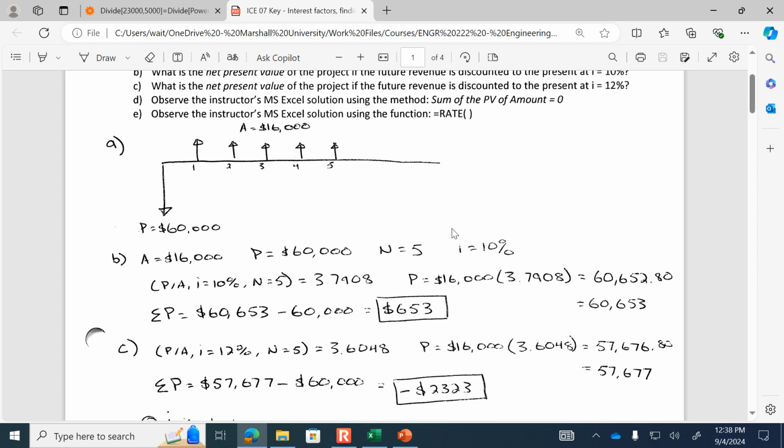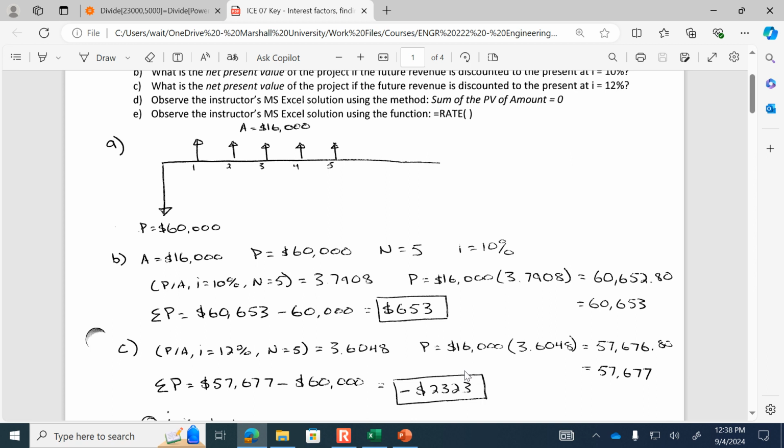So it contributes a little bit to the present value, but if you're discounting at 12%, it's losing more of its value as you move it back through time. So the sum is negative if you've got the 12% discount rate.